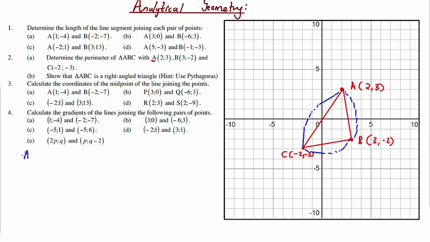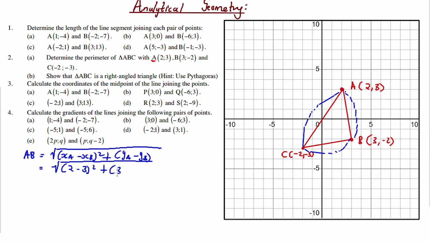So we're gonna start by finding length AB, which is the square root of (XA minus XB) squared plus (YA minus YB) squared, equal to the square root of (XA, that's 2, minus XB, that's 3) squared, plus (YA, that's 3, minus YB, that's minus 2, put it in brackets) squared.